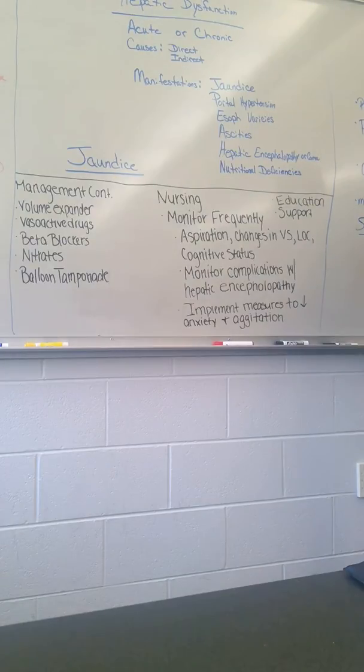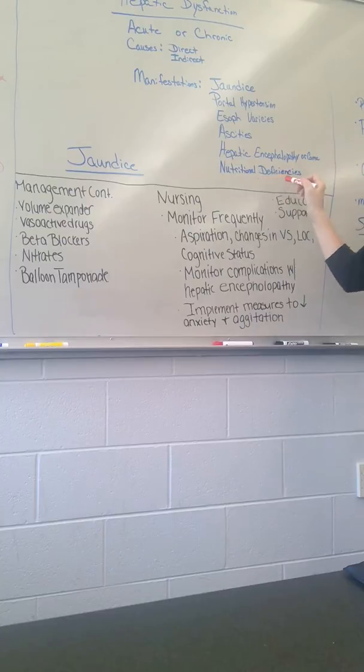So we see the manifestations of that through ascites and esophageal varices, and then we can get hepatic encephalopathy. I've already talked just a little bit about it, and we'll talk about it more.